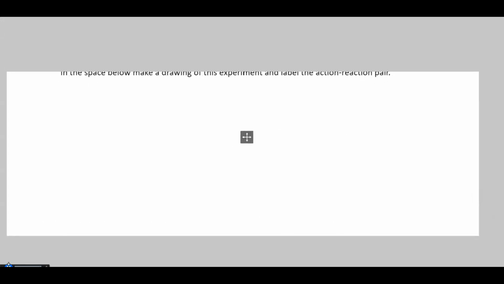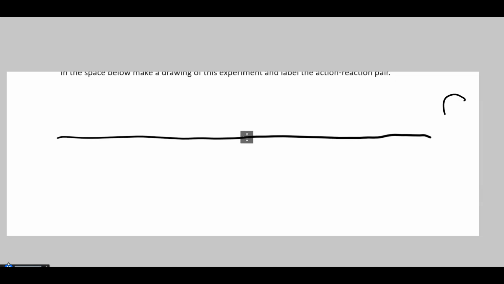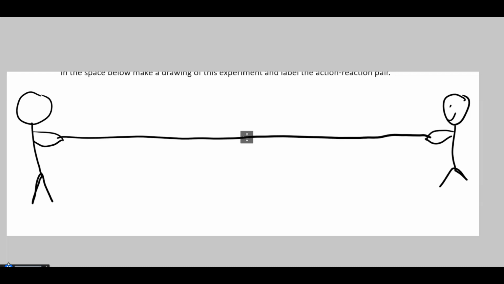All right, so here, let's make a little drawing together. First of all, we've got a string. It's been stretched across the room. Over here, we have a person who's holding one end. And on the other side, we've got a person holding the other end. Now, on this string, there is a balloon.